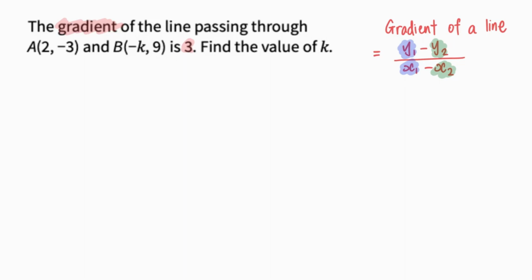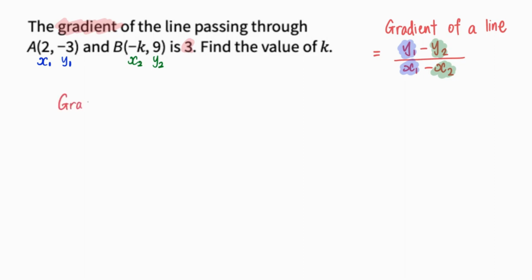The very first thing for Mr. Tan here is to color code it, and also to explicitly write it down as x1, y1, x2, y2, so that when I apply the formula at the right hand side, I would be applying it correctly.